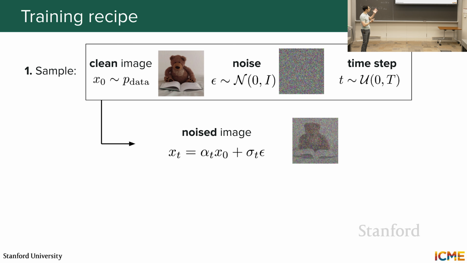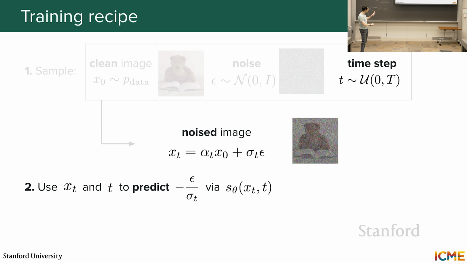Here, the noised image is just a combination of the clean image and the noise with some alpha_t and sigma_t, which can be chosen either in the DDPM way or another way. And what you do is you predict the score that you know is tractable using your noised image and your time step.